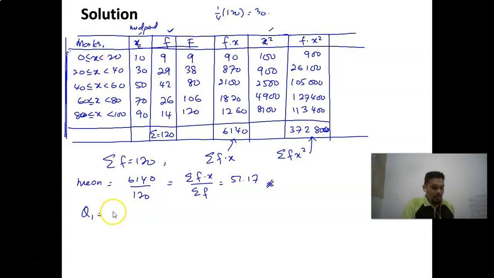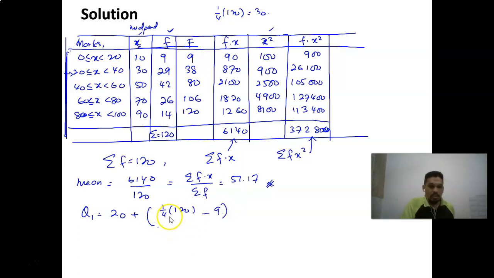Now it is 20 because 30 lies between the cumulative frequencies of 9 and 38, so this is our target class. Okay, 20 plus 1/4 times 120 minus 9. 9 is the cumulative frequency before the class of the first quartile.